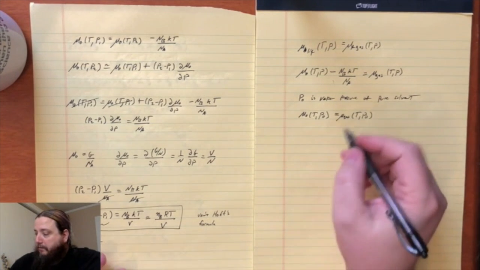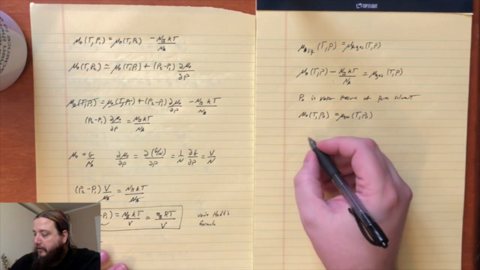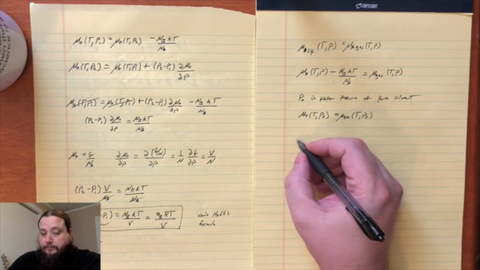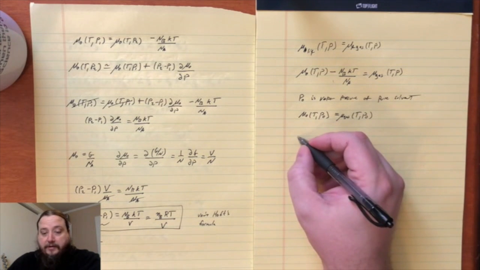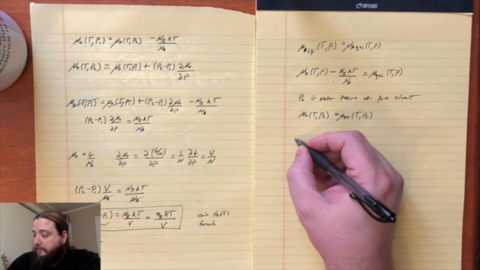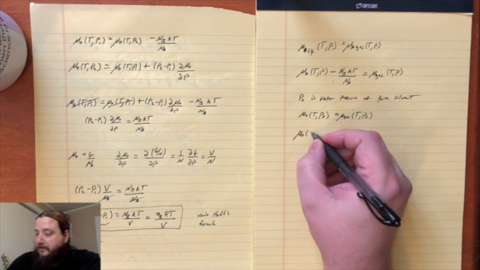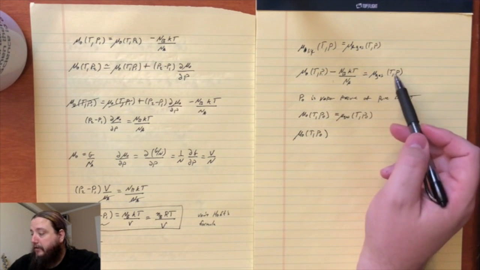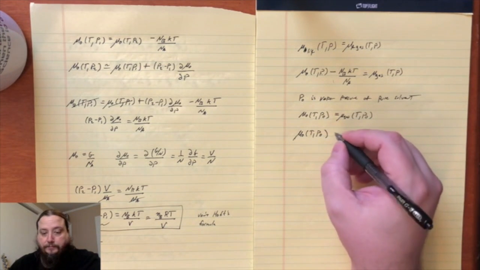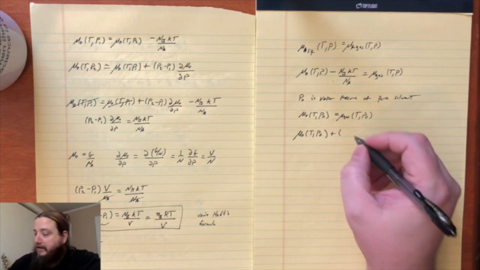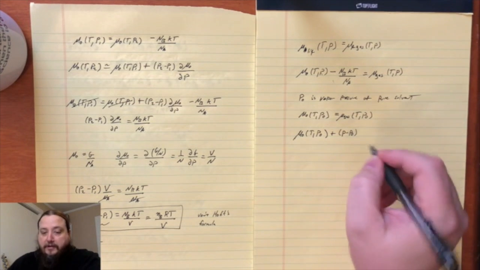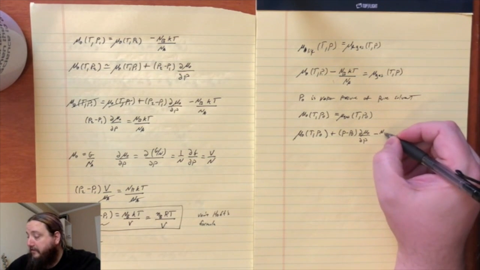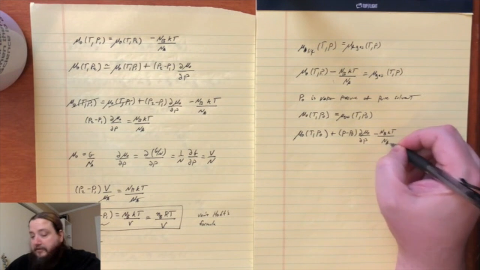And plugging that back in over here, we're going to expand our chemical potential for the solution in terms of mu naught at T and P naught, not T of P here, but T of P naught, plus a linear correction term, (P minus P naught) times d mu naught dP, minus this N_B kT over N_A term.